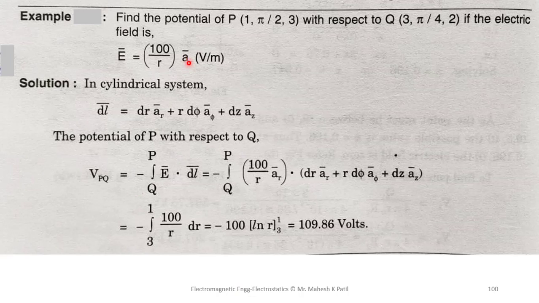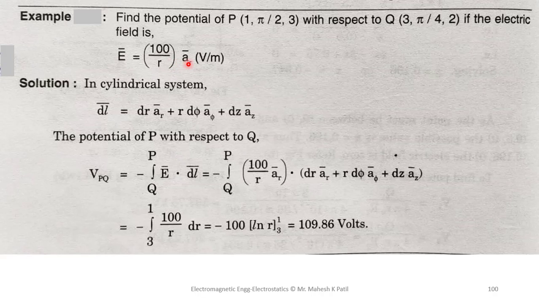Find the potential of point P having coordinates (1, pi by 2, 3) with respect to point Q having coordinates (3, pi by 4, 2) if the electric field is given as E bar equal to 100 upon R A r bar.